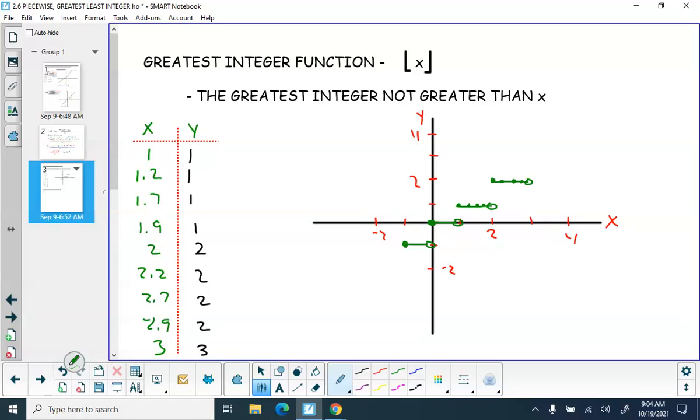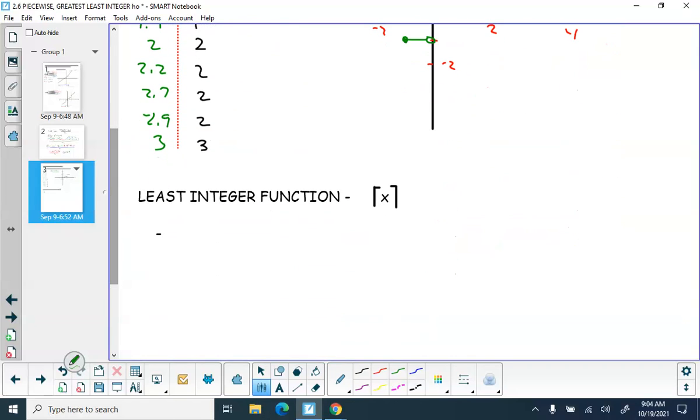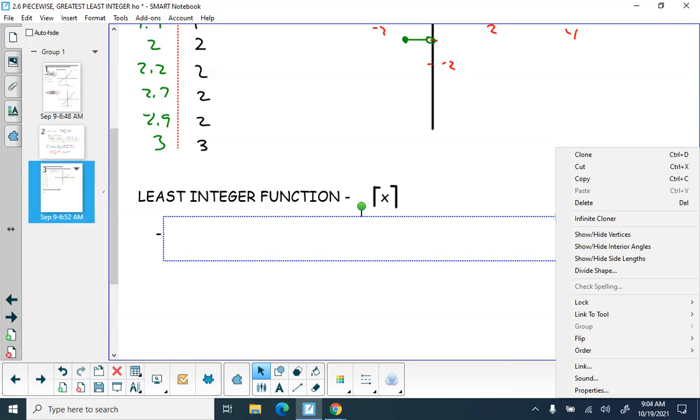Anybody? Steps. Yeah. This is a step function.